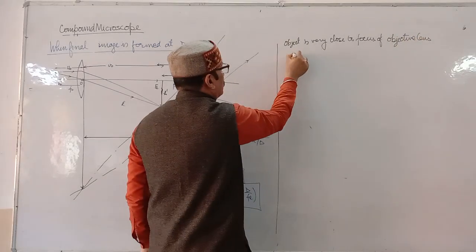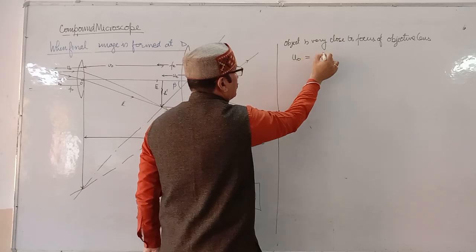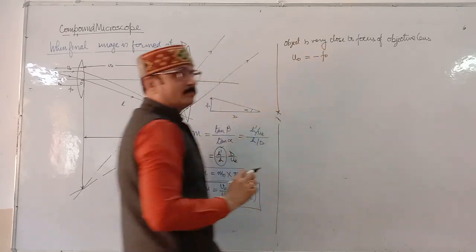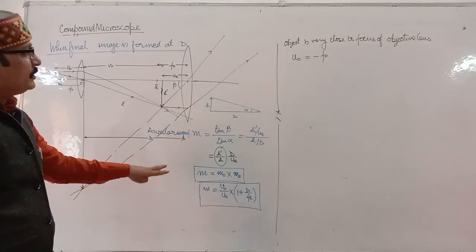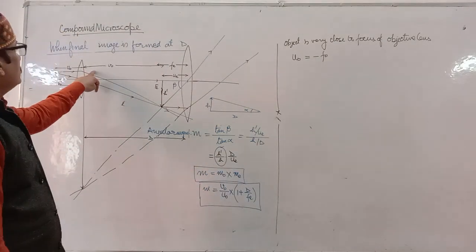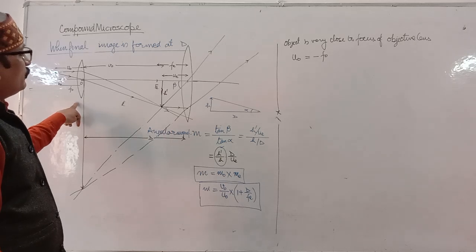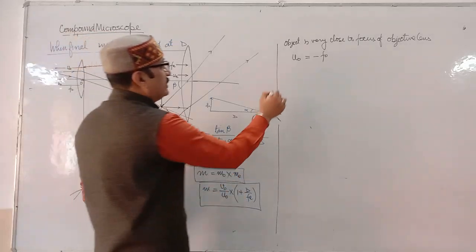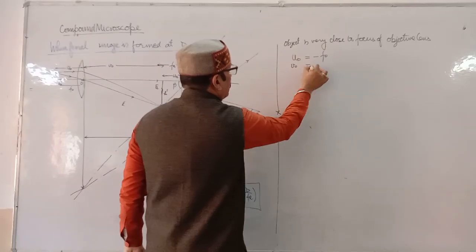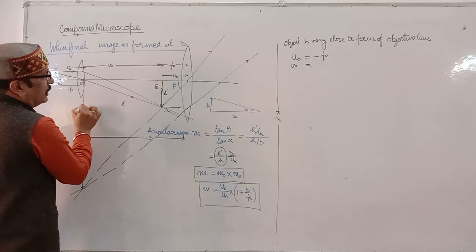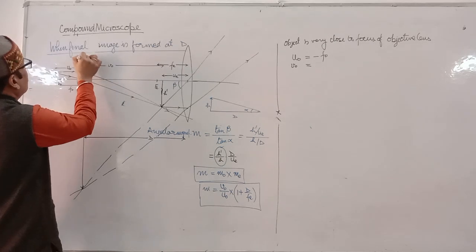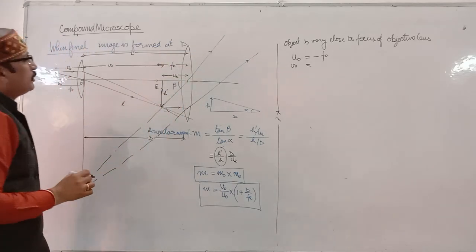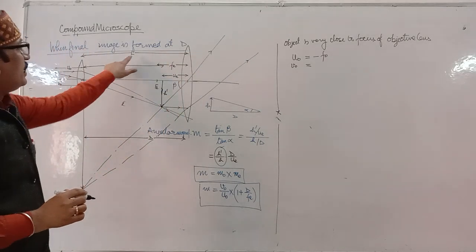And we can imagine that the image by the objective is formed very close to the eyepiece. So we can write v(o) as the total length of this tube. The length of the tube could be written as L. This is an approximation. So we can write v(o) as L.